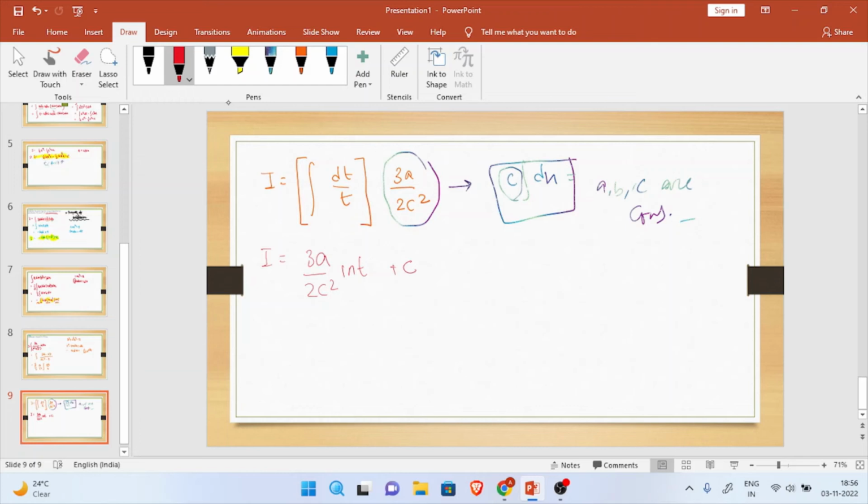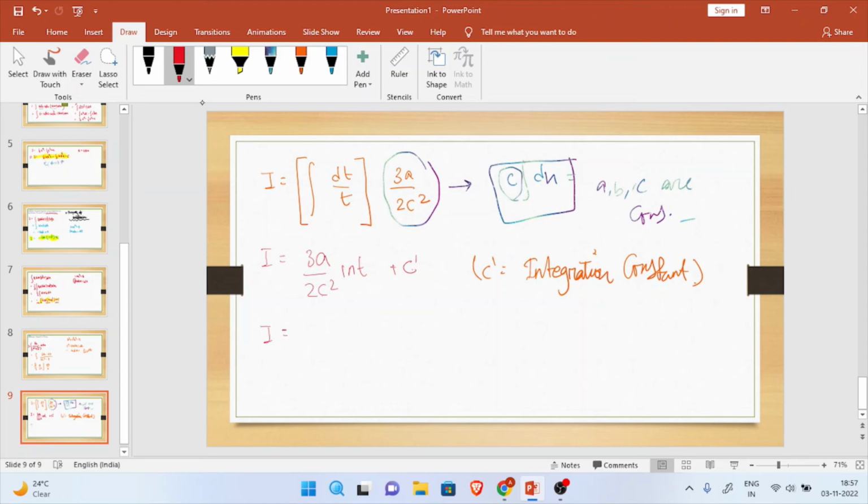Here c is a constant, but it's an integration constant, so we should term it as c dashed, where c dashed is the integration constant.